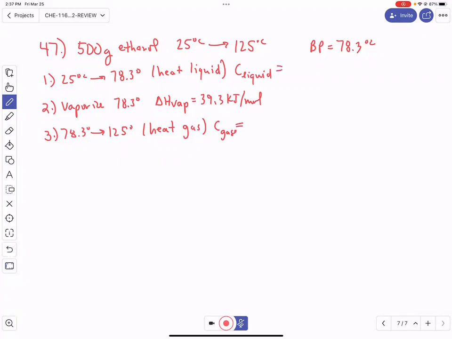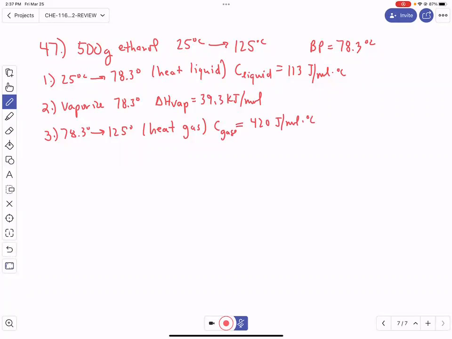So they give us in the question that the heat capacity of the liquid is 113 joules per mole degrees Celsius, and of the gas, it is 420 joules per mole degrees Celsius.